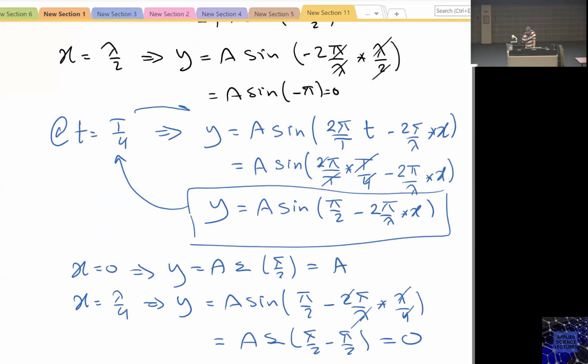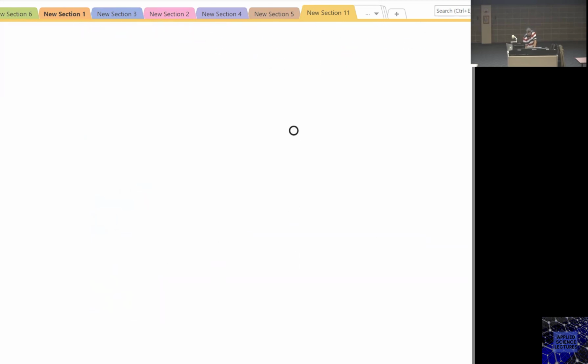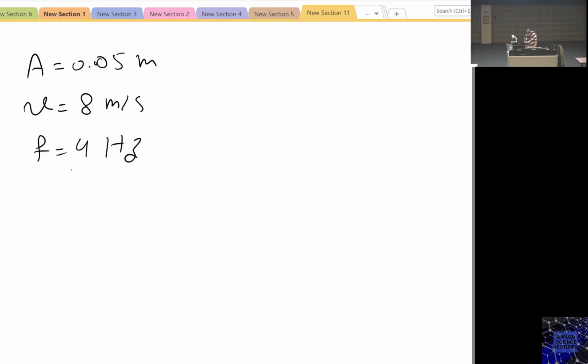So let's do so. What we have here is the following. We have the amplitude, 0.05 meter. We have the speed, 8 meters per second. We have the frequency, 4 hertz.